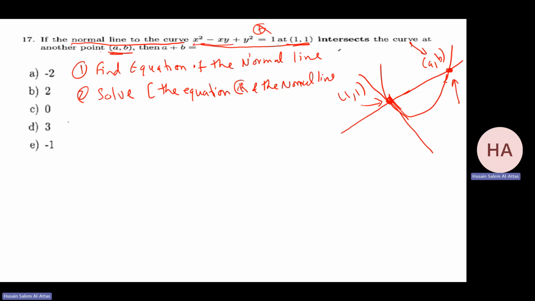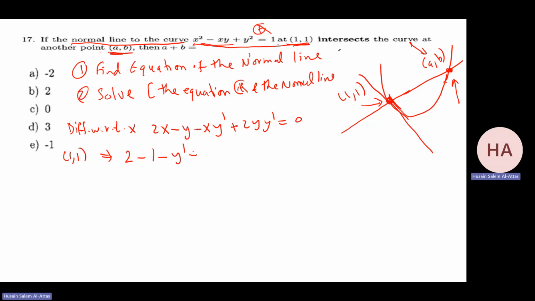So I differentiate with respect to x. That will be 2x minus y minus xy prime plus 2y y prime equals 0. I have the point 1, 1. That will give me what? 2 minus 1 minus y prime plus 2y prime equals 0.